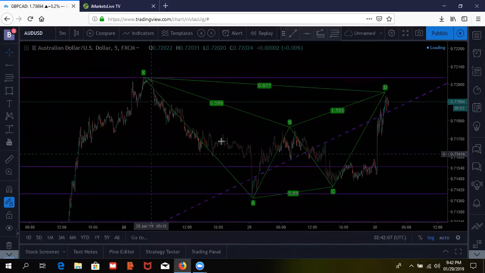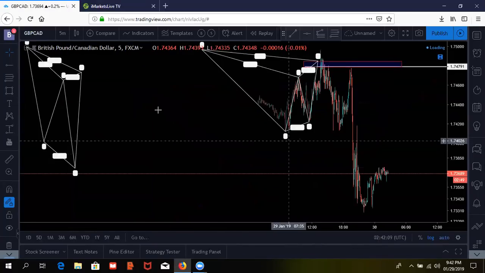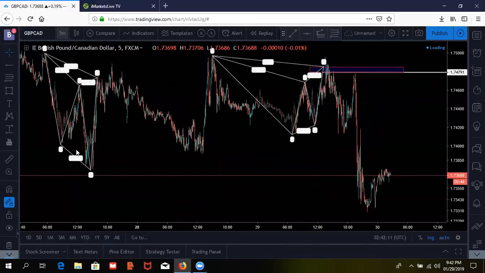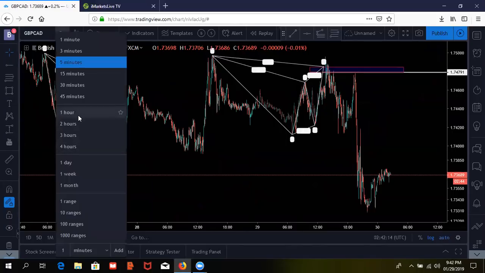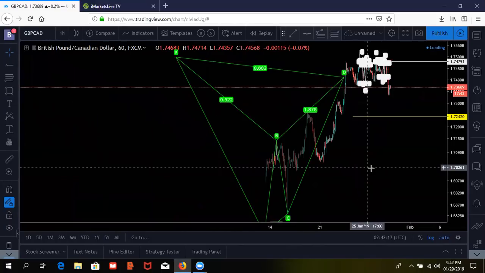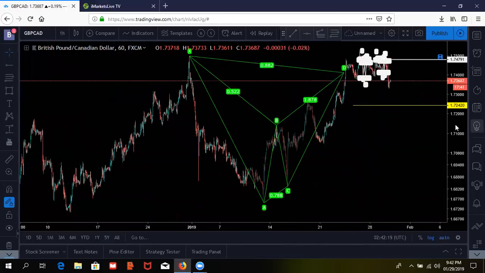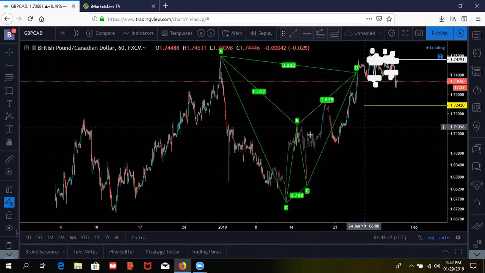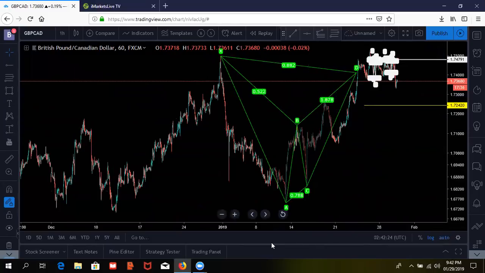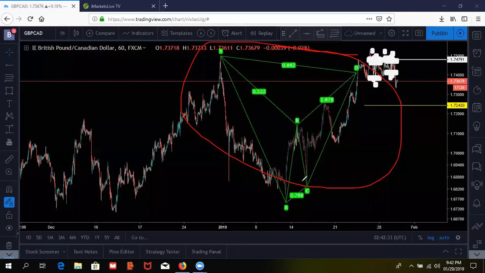So like this GBPCAD trade, go to a 1 hour chart. Stuff like this just pops out and hits me in the face all the time. If I just scan the markets, bam, okay.